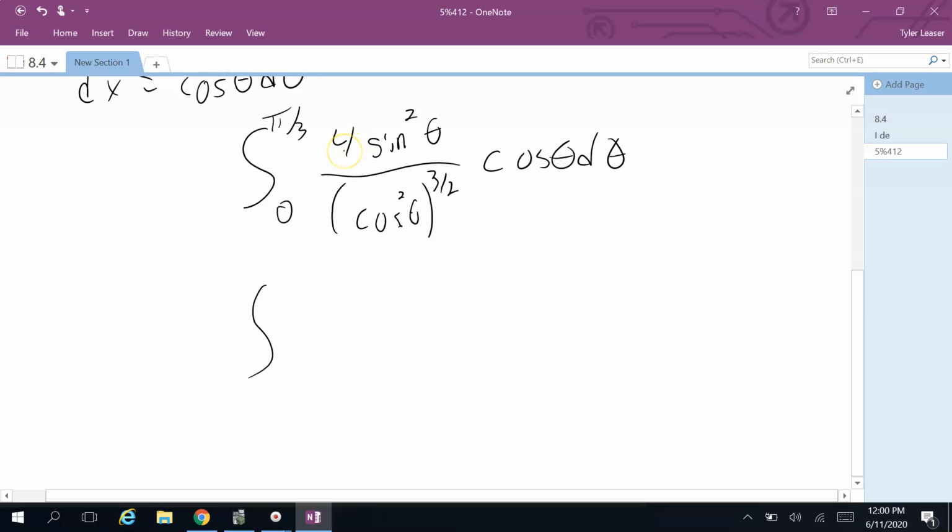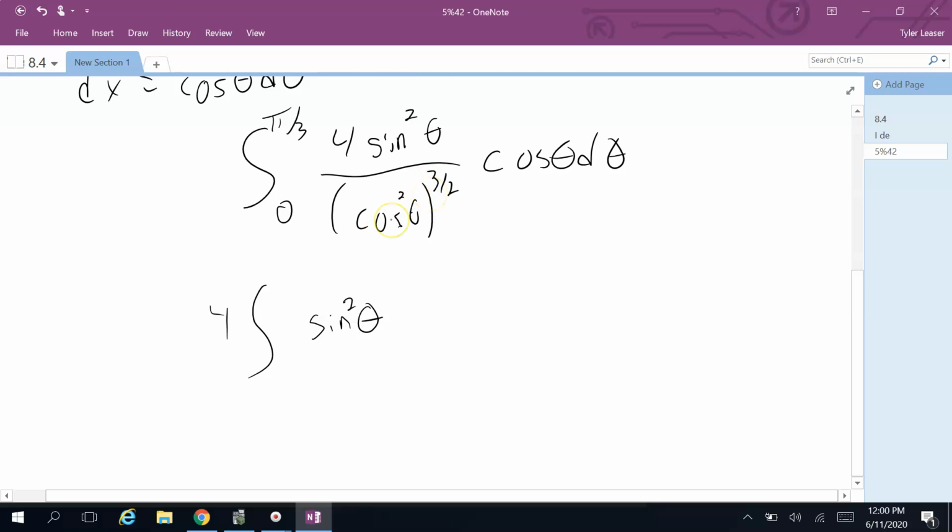All right, so the 4, there's nothing else that'll cancel out with that 4, so I'm just going to bring that out of the integral altogether. We have the sine squared. Nothing's going to cancel out with that, so I'm just going to leave a sine squared floating around. I have cosine squared to the 3 halves. Anytime you have an exponent raised to another exponent, you multiply those two things together.